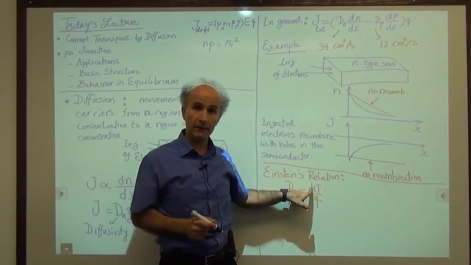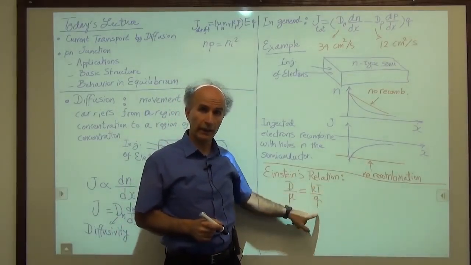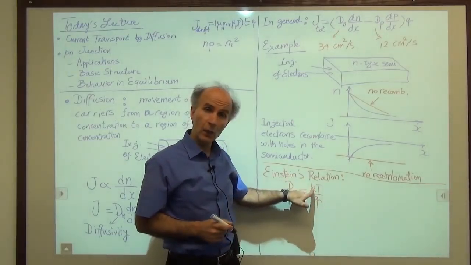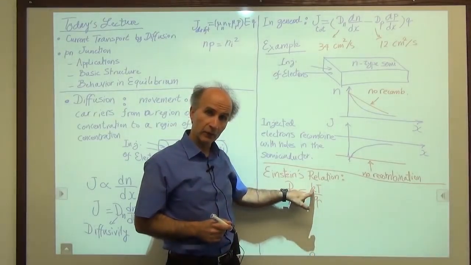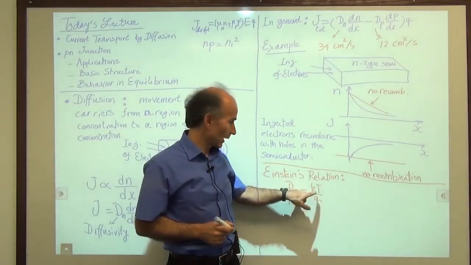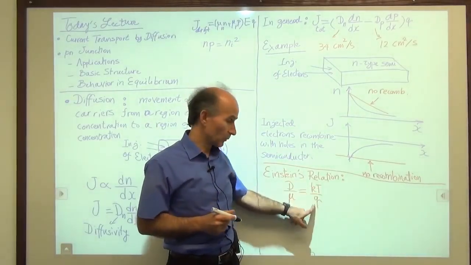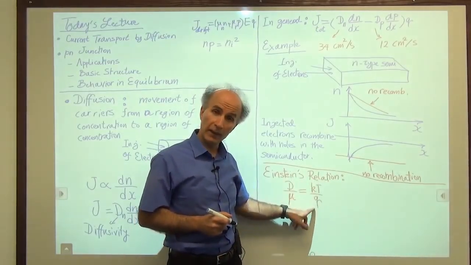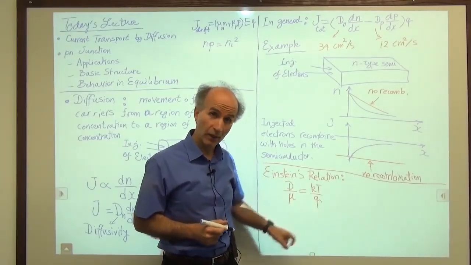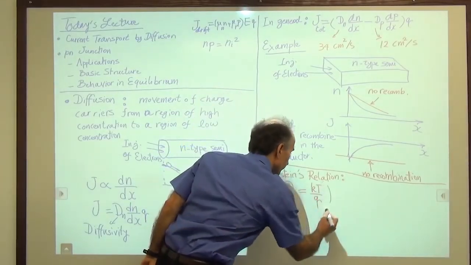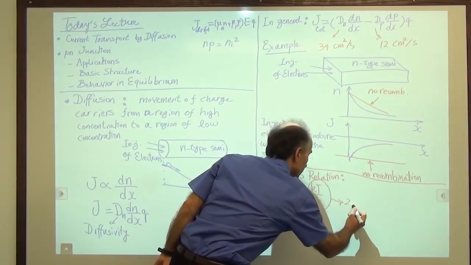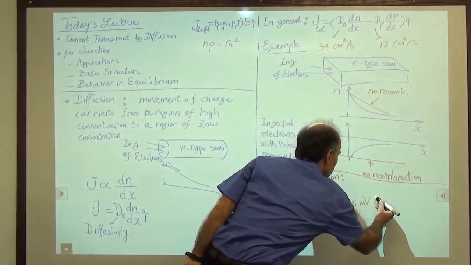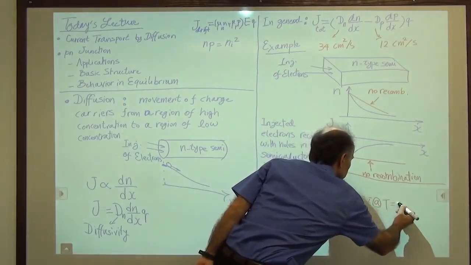K is the Boltzmann constant, T is the absolute temperature, and q is the electron charge. I usually remember k, 1.38 times 10 to the minus 23, and temperature, for example, 300. I don't remember the electron charge, but I do remember this whole quantity. It has a voltage dimension, and it is equal to 26 millivolts at room temperature.